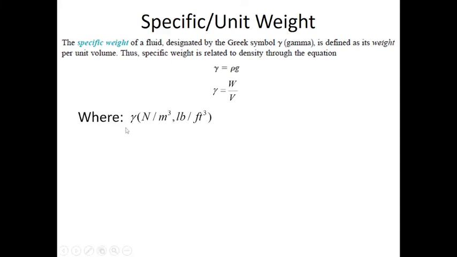Yung ating specific weight can be expressed in terms of Newton per cubic meter or pound per cubic foot. For water, take note, the specific weight is equal to 9.81 kilonewton per cubic meter at 0 degrees Celsius to 10 degrees Celsius.